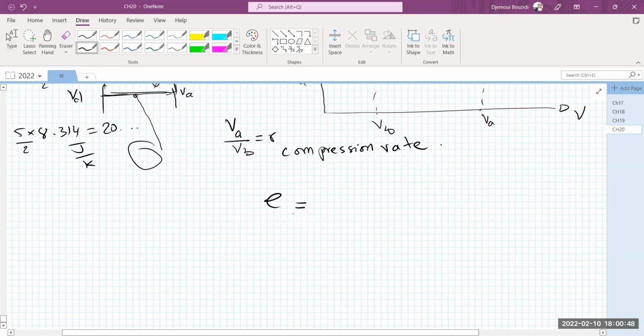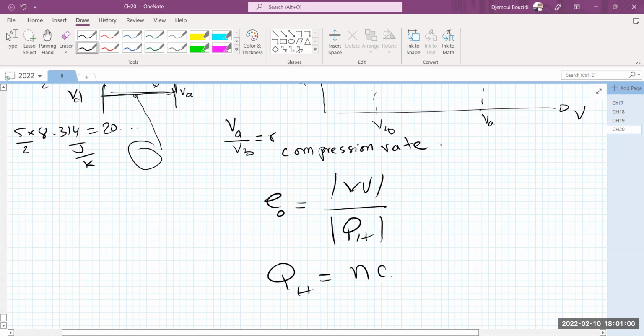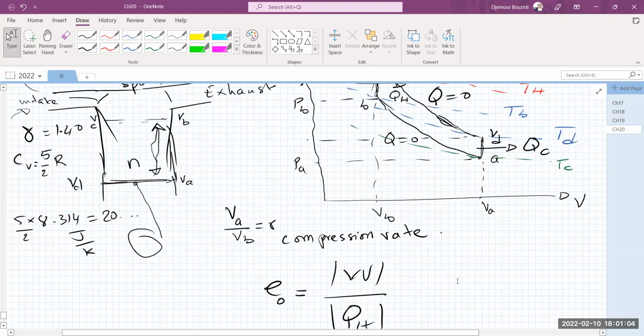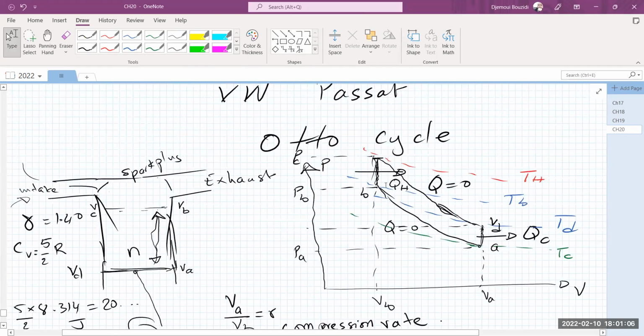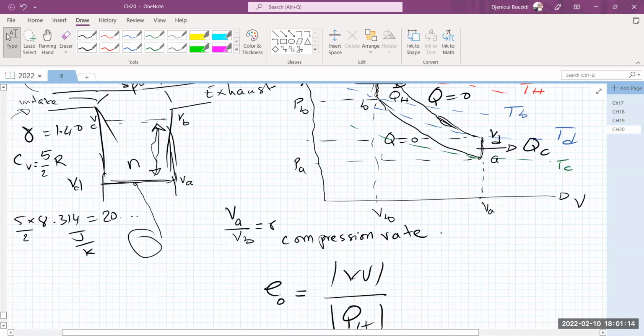The efficiency of this engine, which is the Otto engine, is going to be the work that the engine does divided by the cost, which is QH. Well, QH is simply equal to NCV delta T. Because remember, this process from here to here, from B to C, is an isochoric process.